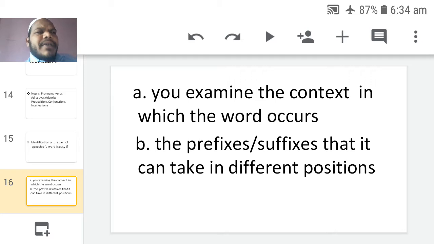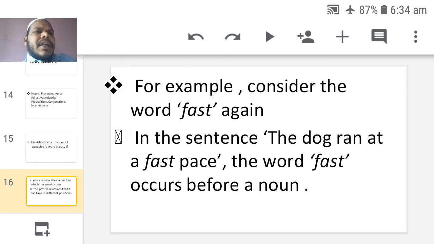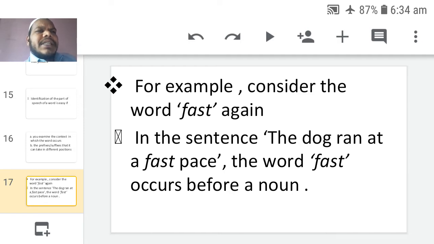Let's see how we can identify parts of speech by examining the context and the prefix and suffix that it can take in different positions. For example, consider the word fast again. In the sentence, the dog ran at a fast pace, the word fast occurs before a noun.